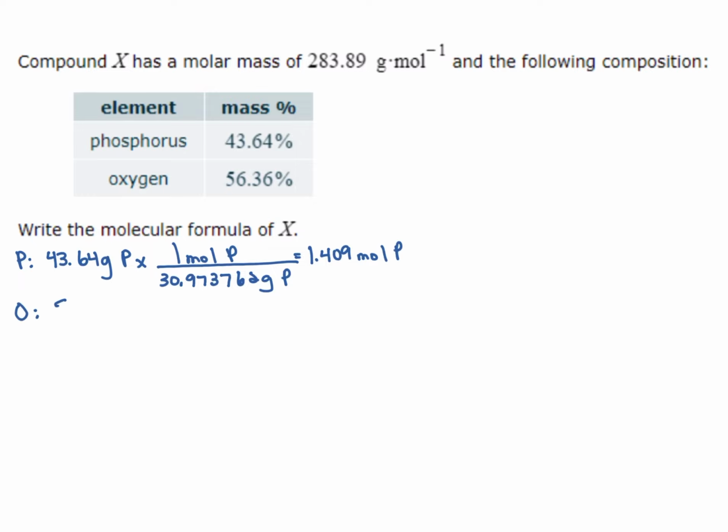And oxygen, we're going to convert 56.36 grams to moles.